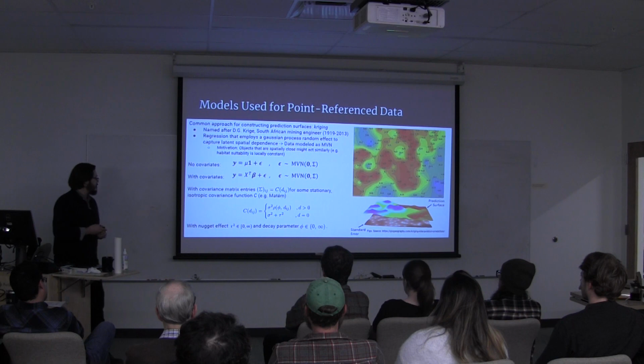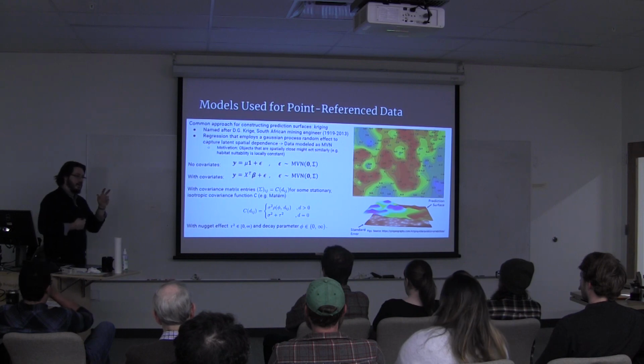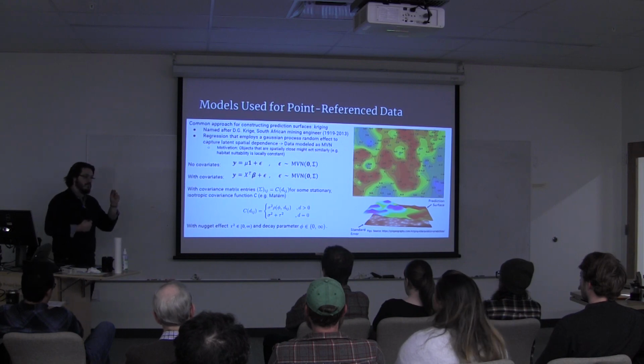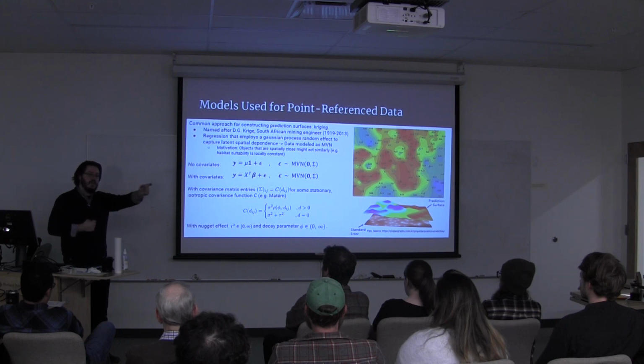That sigma matrix is generated according to some function C that we call a stationary isotropic covariance function. Stationarity and isotropy are two different qualities that each mean their own thing, but together, basically, the covariance between any two points is purely determined by the distance between those points. It doesn't matter what their orientation is, and it doesn't matter where on the plane they lie.